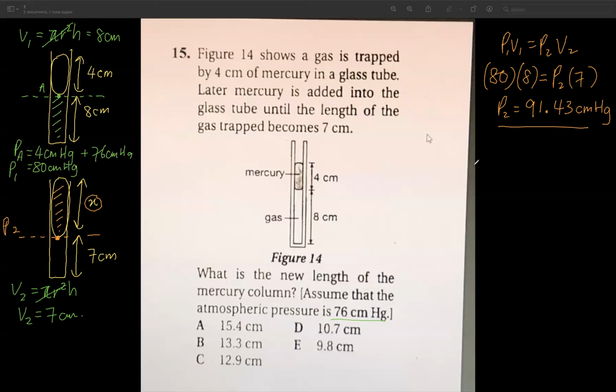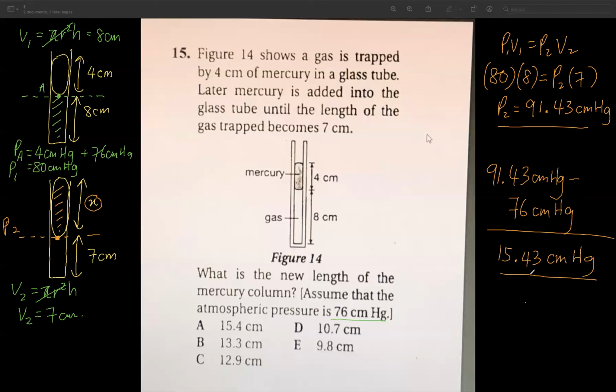So don't forget the atmospheric pressure. So if I want to find only the mercury column, then I take 91.43 cm Hg. I take away the 76 cm Hg, the atmosphere. What do I get? Minus 76. I get 15.43 cm Hg.